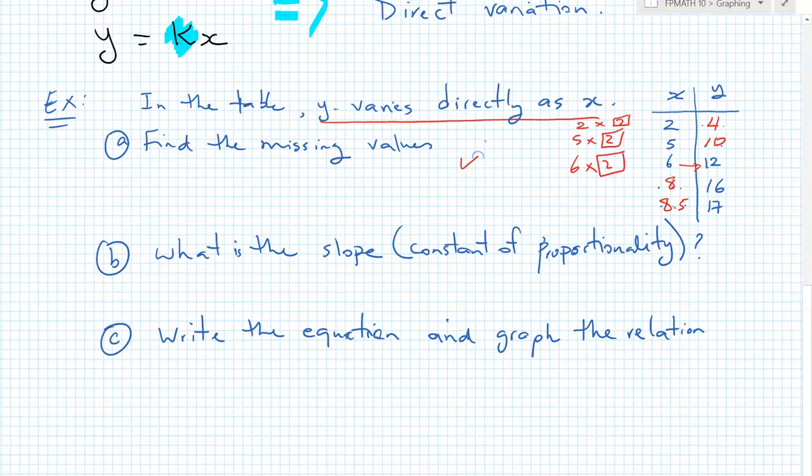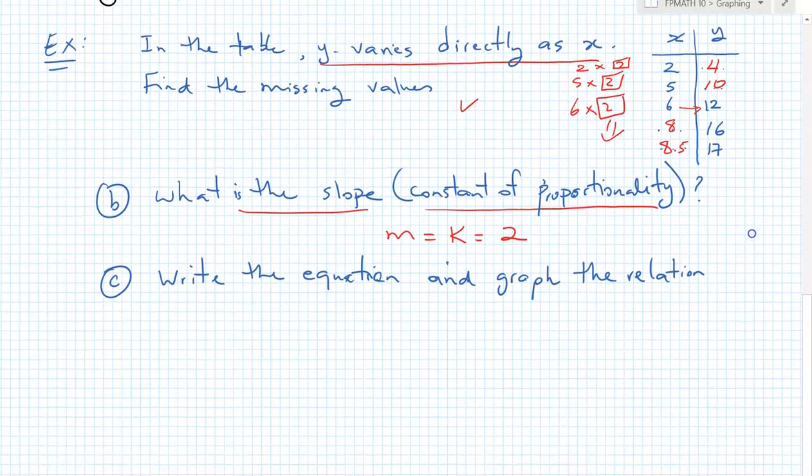That's number one. Next one is, what is the slope and the constant of proportionality? It is basically that constant that you've been multiplying x by to get the y values. And in this case, we already got that. You can call it m or k or whatever you want, but constant of proportionality is the terminology. Get used to that. That is 2. And then we can write the equation.